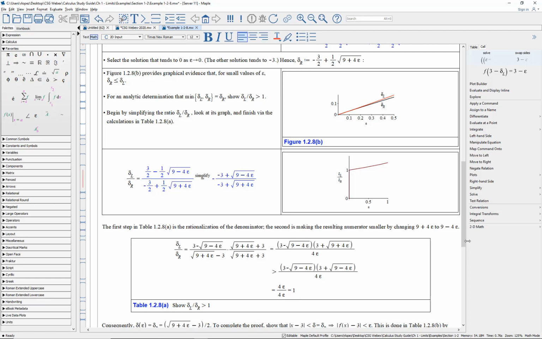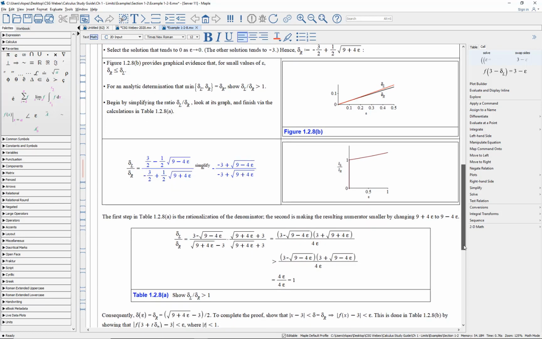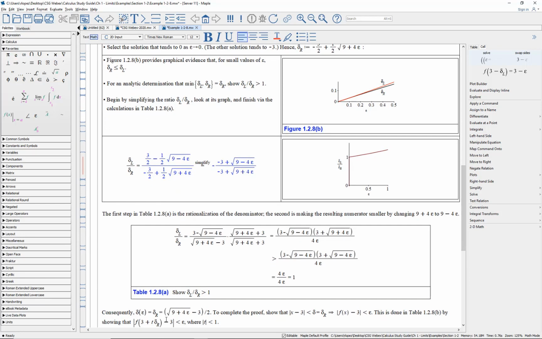So what we want to do is take the delta to be this delta R, and the delta R is this expression here.